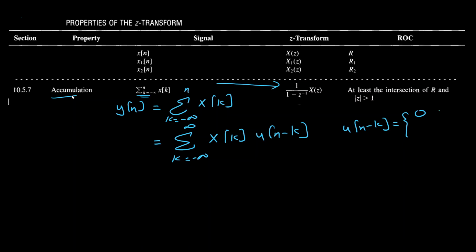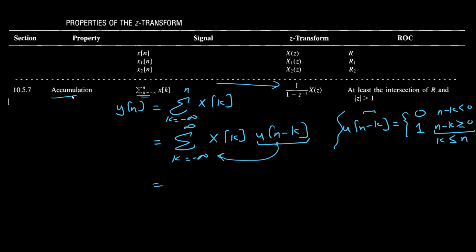It would be 0 when n minus k, this whole argument, is less than 0, and it would be 1 when n minus k is greater than or equal to 0. This can also be expressed as k is less than or equal to n. Whereas from this definition of unit step function, if you absorb the unit step function in the limits of summation, we are going to achieve the first equality.